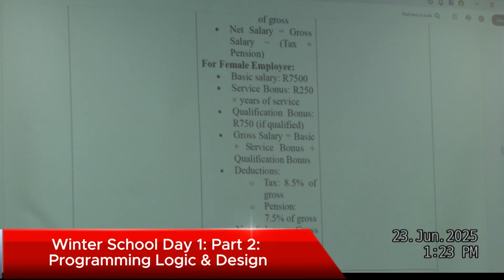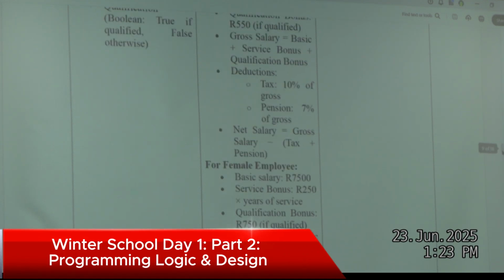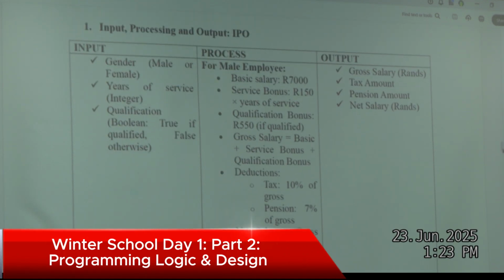Even your lecturer will be lecturing these things. Now, the outputs are based on what could be the gross salary that will be converted into rand, what could be the tax amount that will be output, your pension amount, and your net salary converted into rand.